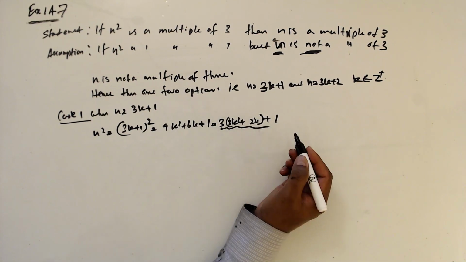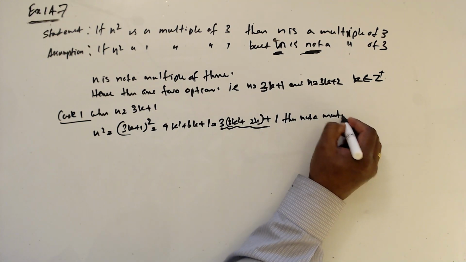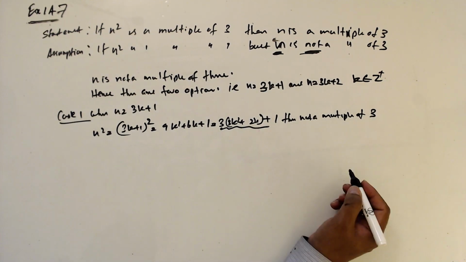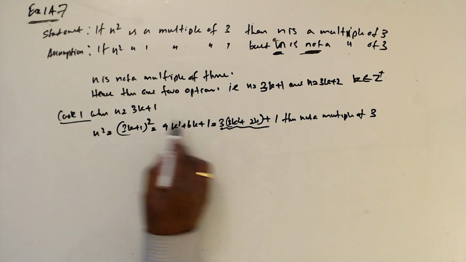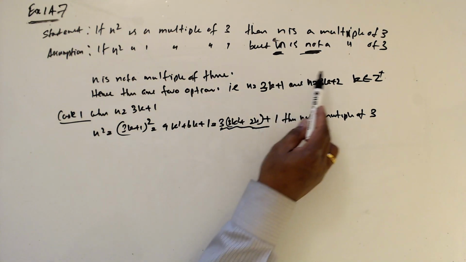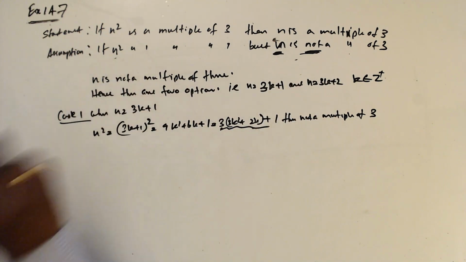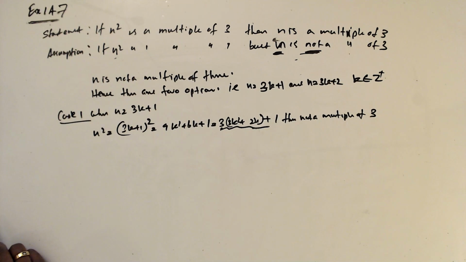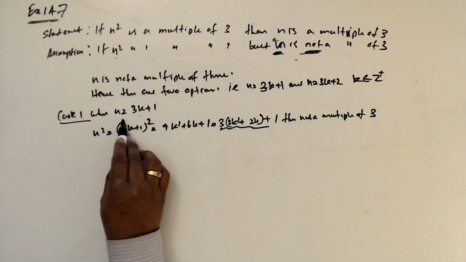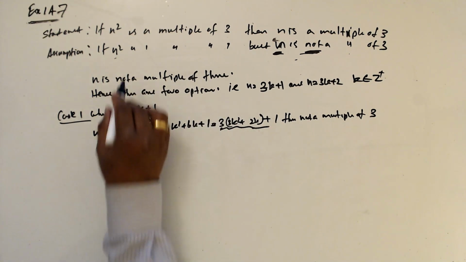Now we can clearly say that this is not a multiple of 3. But according to this, if n is not a multiple of 3, n square is a multiple of 3. But here n is not a multiple of 3 and n square is also not a multiple of 3. So this contradicts the assumption.